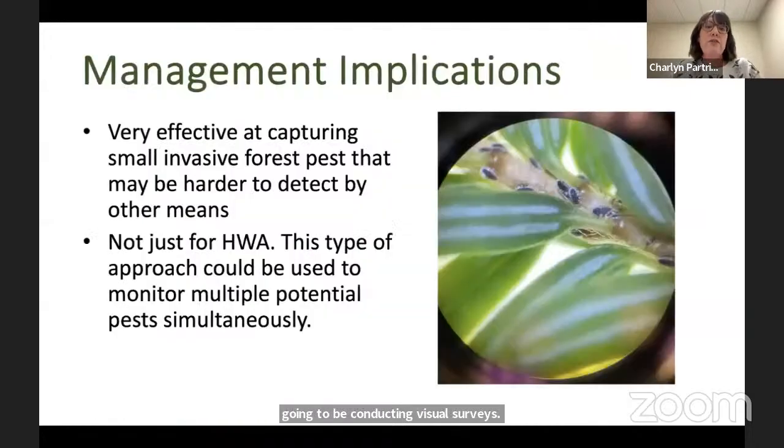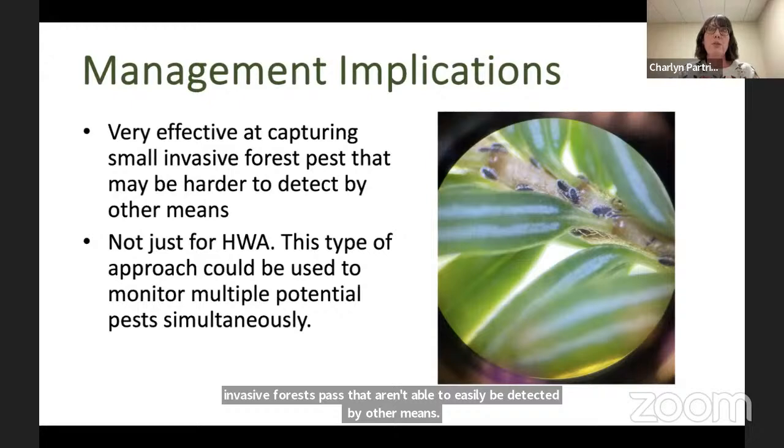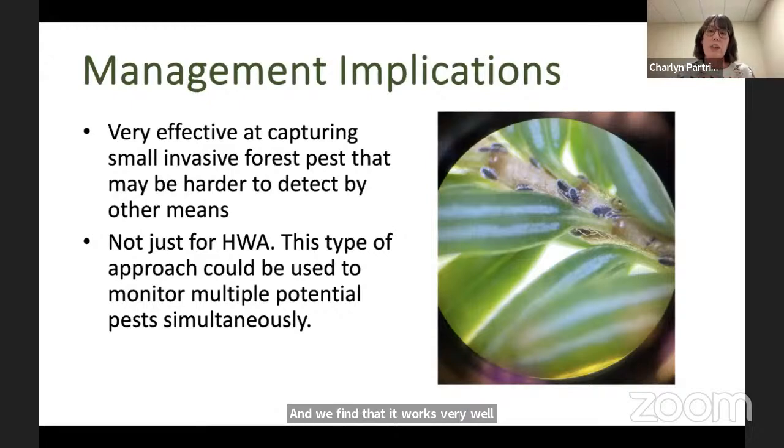So in terms of management implications, we've found that using this type of approach is very effective, especially when you're trying to capture very small invasive forest pests that aren't able to easily be detected by other means. We find that it works very well, at least for our group, in tandem with visual surveys.